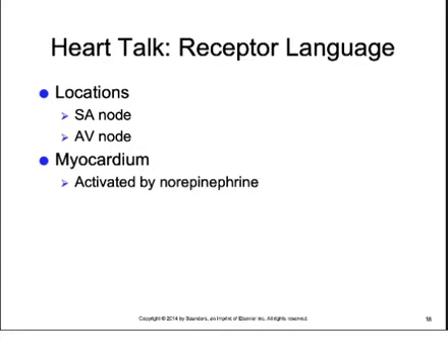Remember that the SA node is under the superior vena cava in the right atrium, while the AV node is at the top of the interventricular septum at the intersection of the atrioventricular and interventricular septum. Okay. And that the myocardium is going to be activated by norepinephrine due to the positive ionotropic effect, right? It's going to squeeze harder.